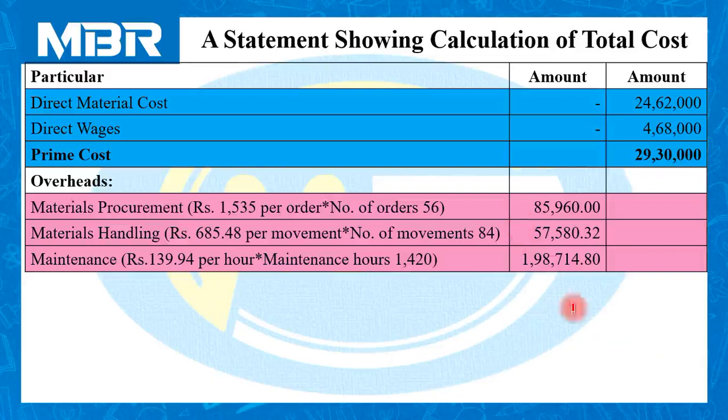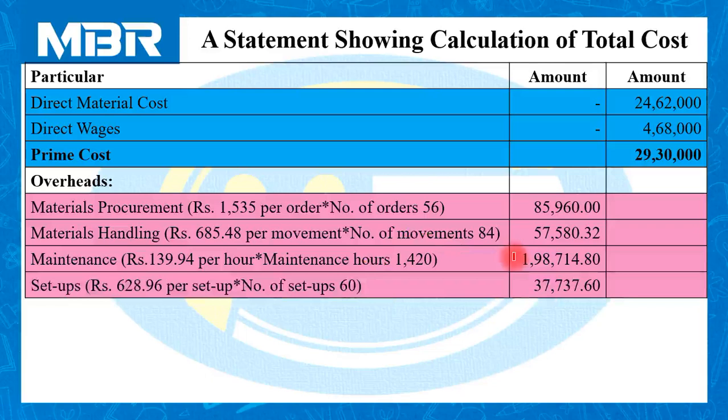Now, in this project, we have employed 1420 maintenance hours. That is already given to us in our question. So in order to find out the total cost of maintenance dedicated to this project, 139.94 multiplied by 1420, it is 1,98,714.8.